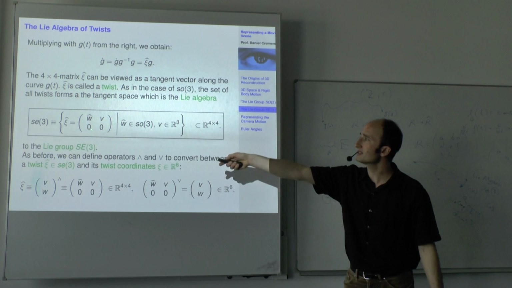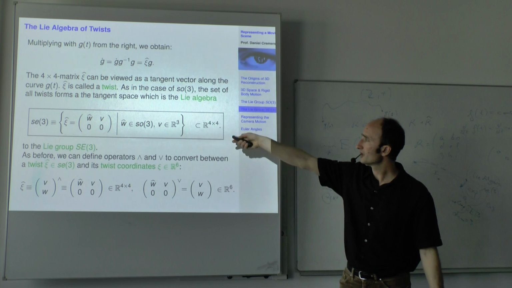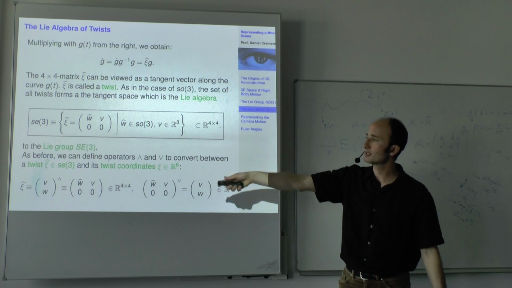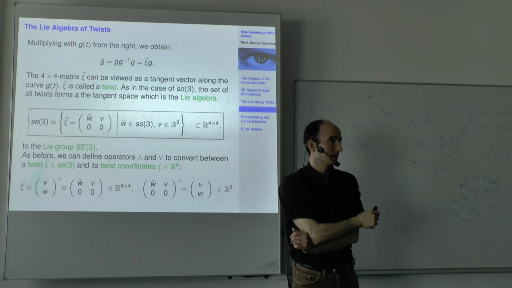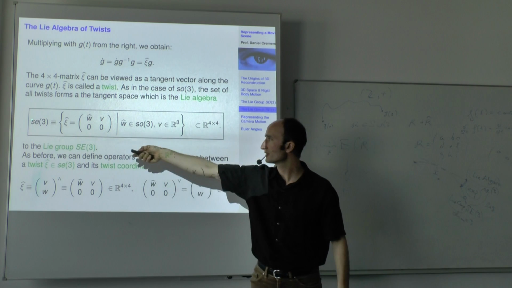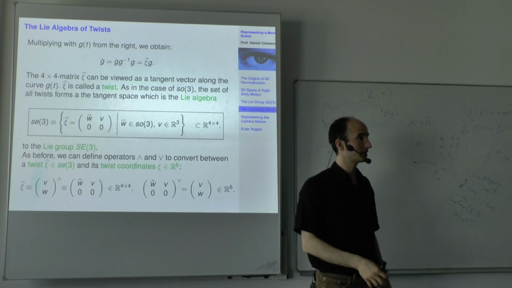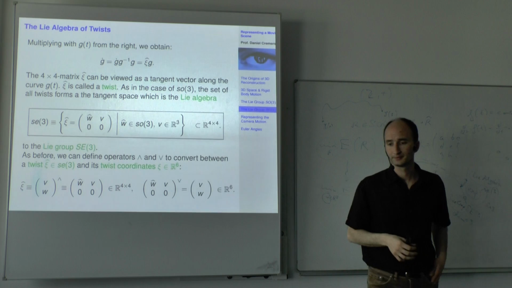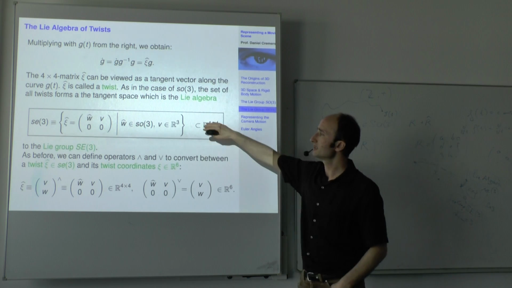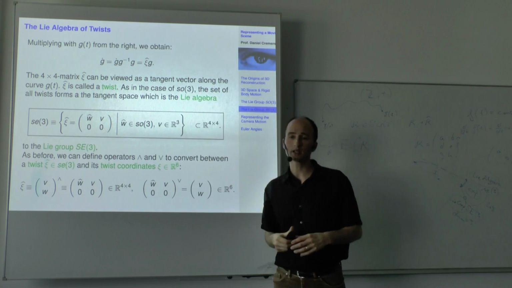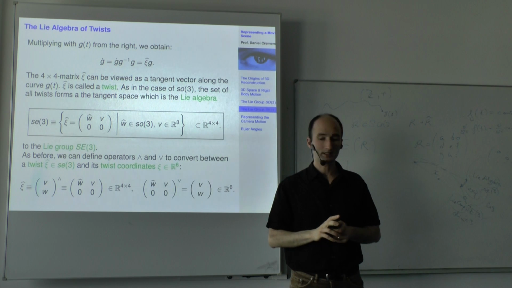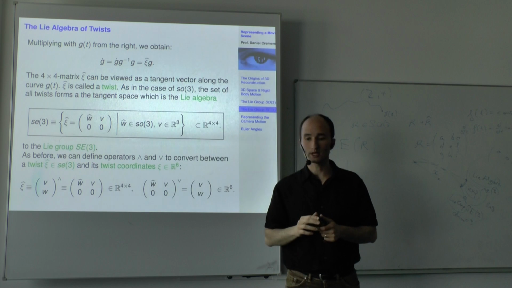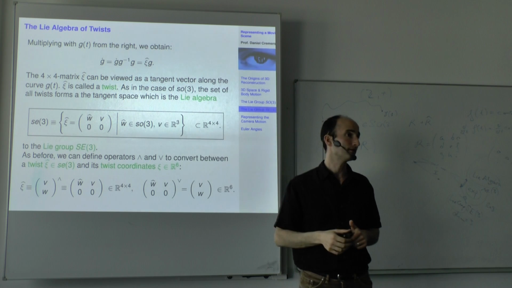And so that space of twists, 4×4 matrices of this structure, is called the Lie algebra, little se3. So that is the Lie algebra corresponding to the Lie group large SE3. So very much in the same way as for rotations, we can construct the tangent space for rigid body motions. And this is yet another Lie algebra, and this is little se3.